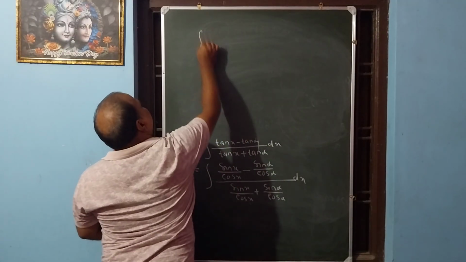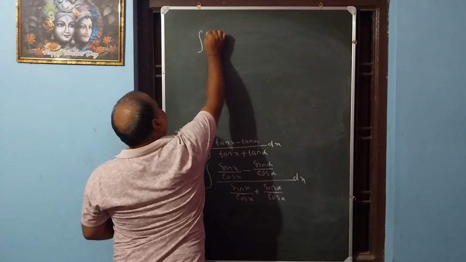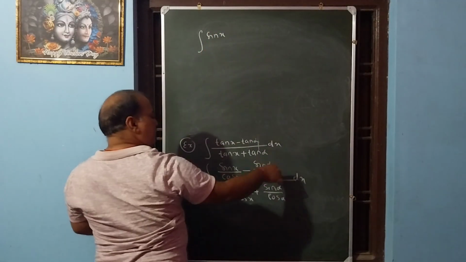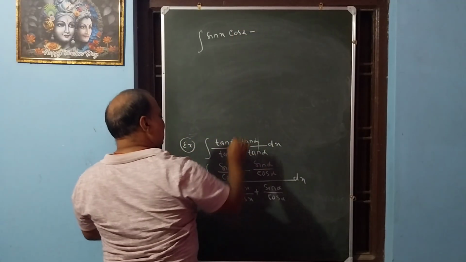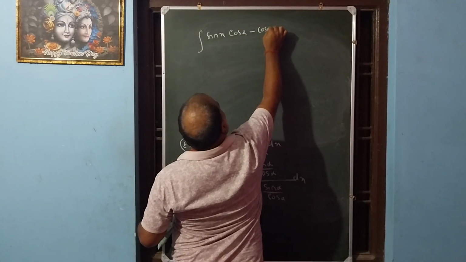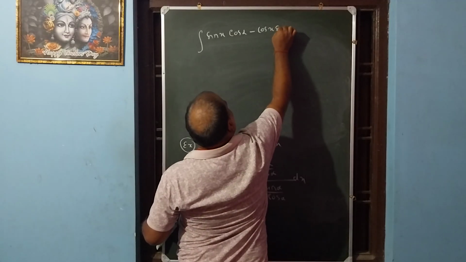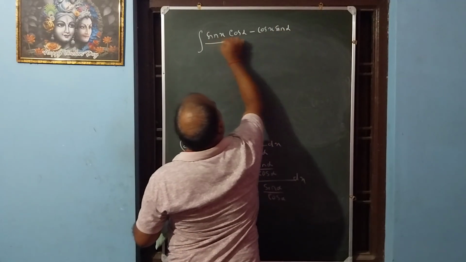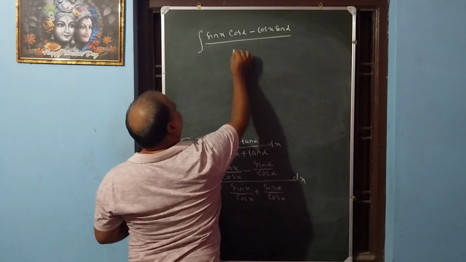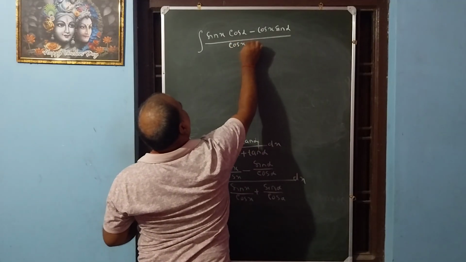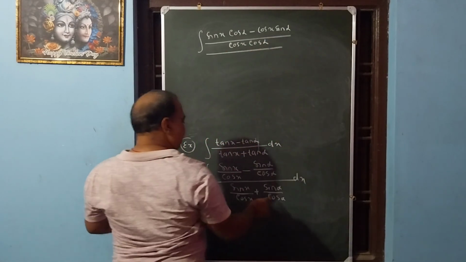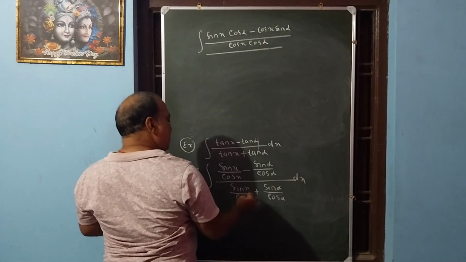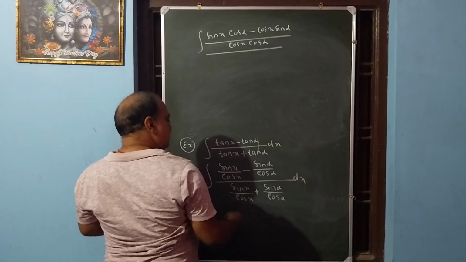So we get integration of (sin x into cos alpha minus cos x into sin alpha) divided by (cos x into cos alpha). Then here it is also multiplied by cos alpha and here it is also multiplied by cos x.